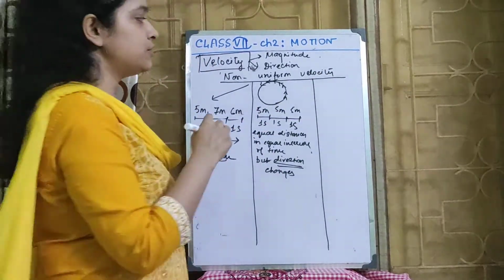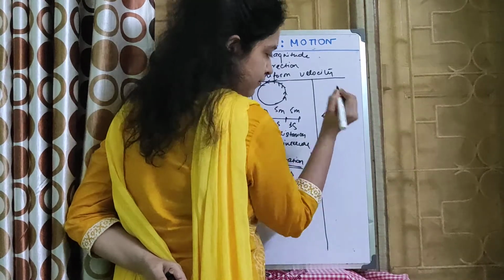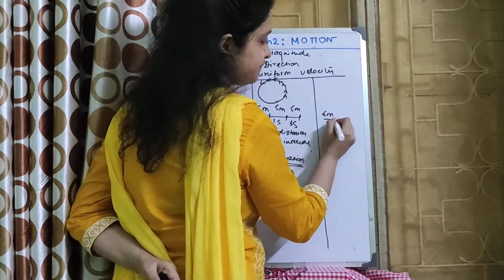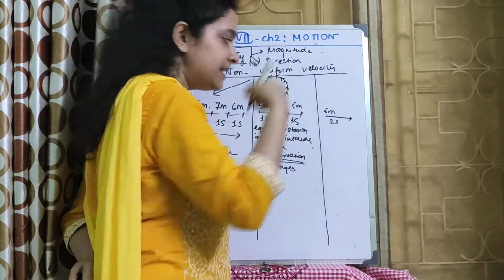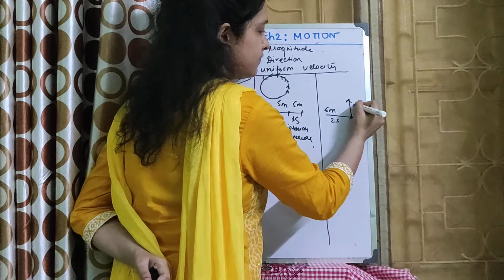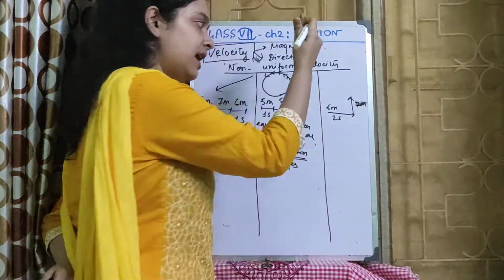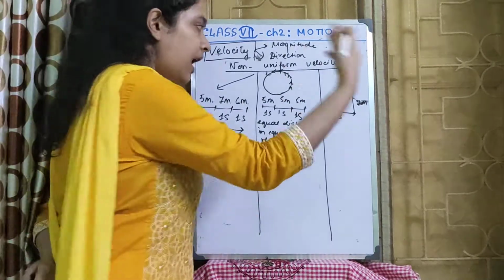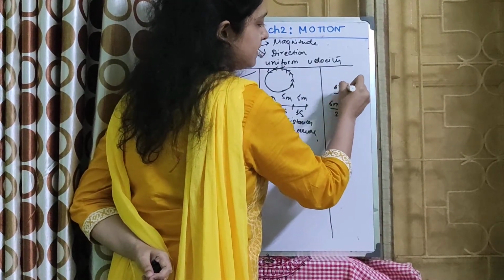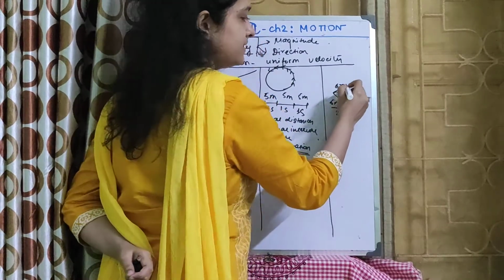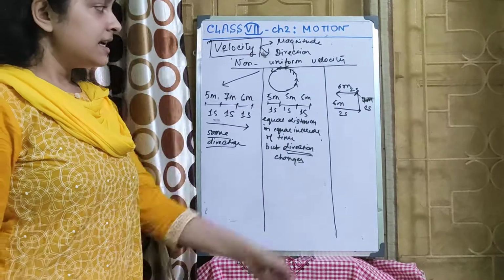Now suppose you are moving 5 meter in the first 2 seconds in this direction. In the next 2 seconds you are moving 7 meter in the other direction. Again, say 6 meter in the next 2 seconds in another direction.